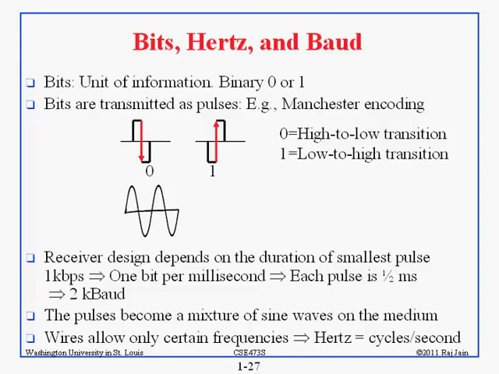However, when you send a signal like that on the wire, actually all these are going as sine waves. So this waveform might translate into some sine waves, which we do not want to get into right now, but basically the frequency of that sine wave is what we call Hertz. How many cycles per second?